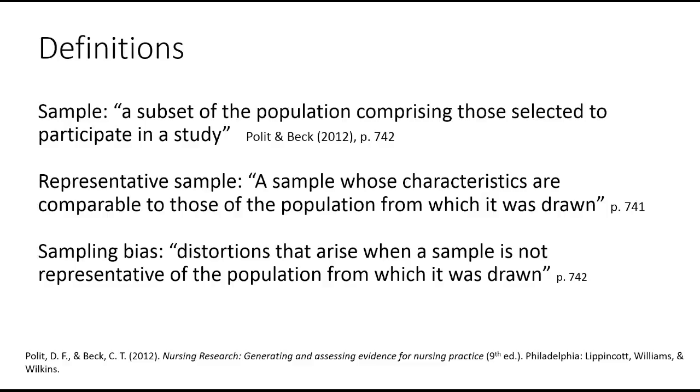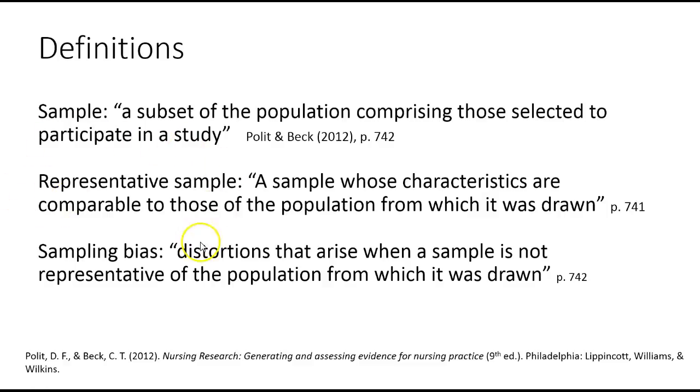But what we want is a representative sample. So we're getting at this second term here. And that's a sample whose characteristics are comparable to those of the population. This will make more sense when we get a little further. So right now we're keeping at a surface understanding.